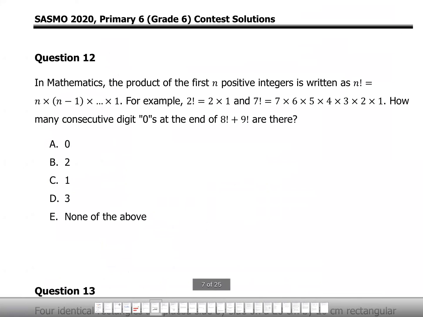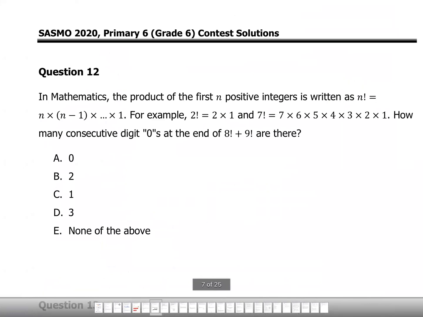For example, 36,000 shows there are 3 consecutive 0s in this, or 3600. Although there are 4 0s in there, there are only 3 consecutive 0s, which are the 0s that go in order at the end. That's what we're trying to find.